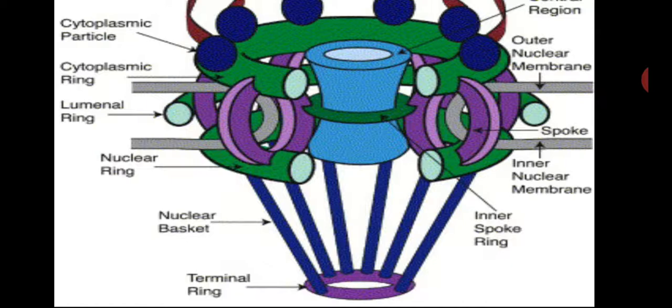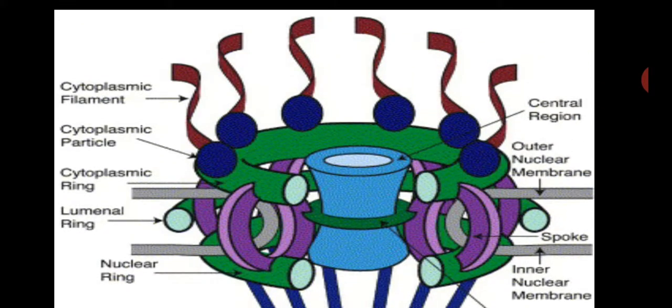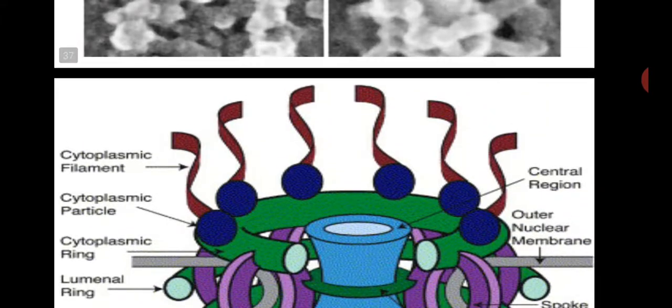You can clearly see here, on the nucleoplasmic side, there are nuclear basket spokes. They are connected with the terminal ring towards the nucleoplasm. And the brown ones are cytoplasmic filaments.